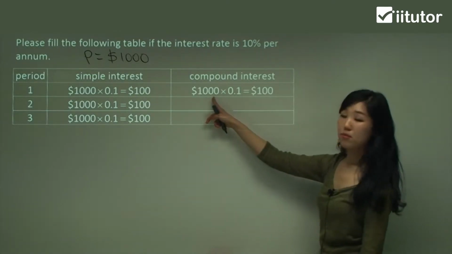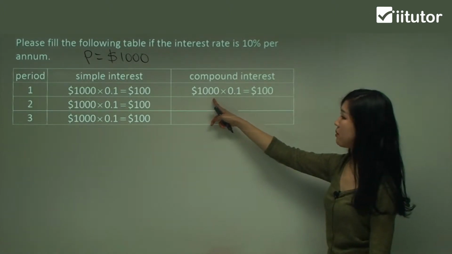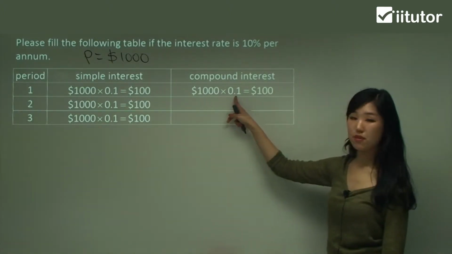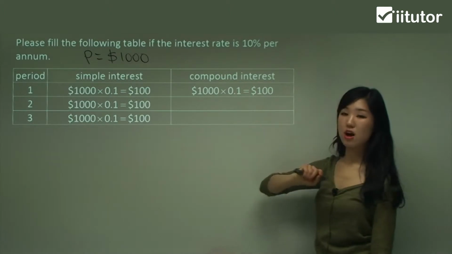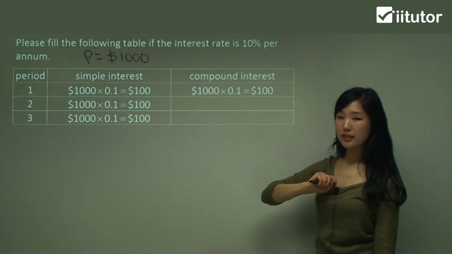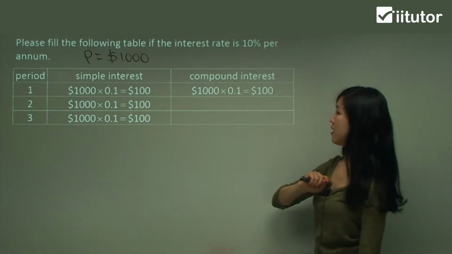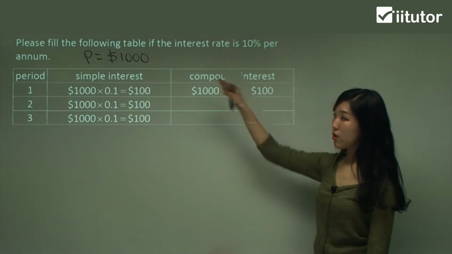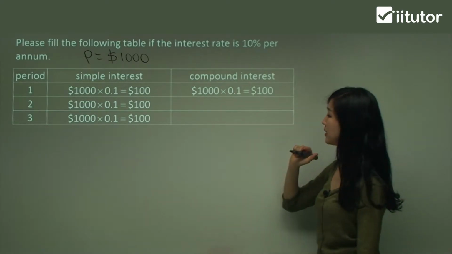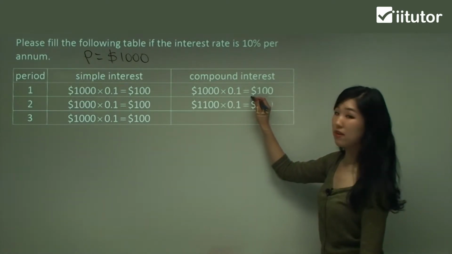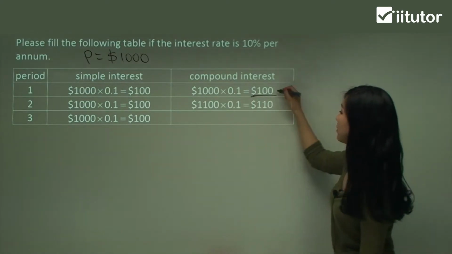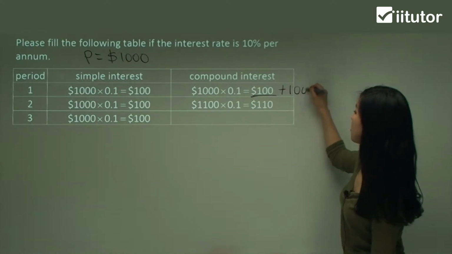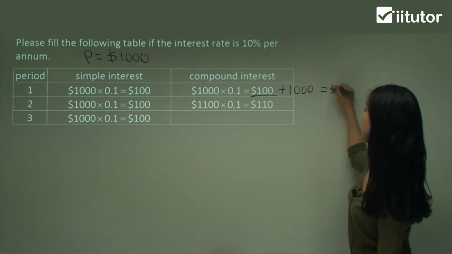It's going to be the same for the first period. It's simply going to be $1,000 times the percent rate, which is going to be $100. But I hope most of you can tell me that for the next period, we're not going to be looking at the principal value, but the previous interest plus our principal.